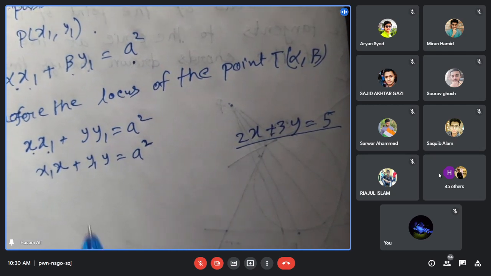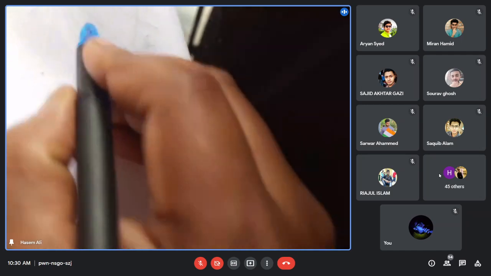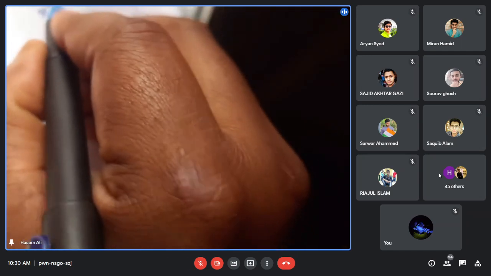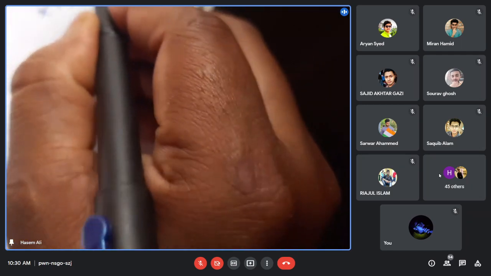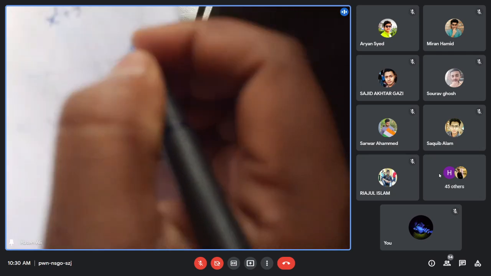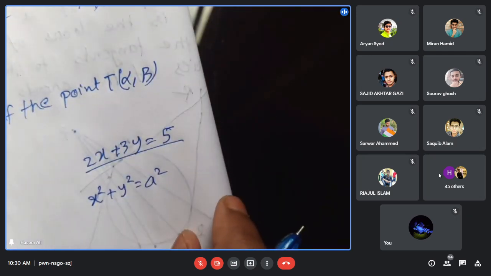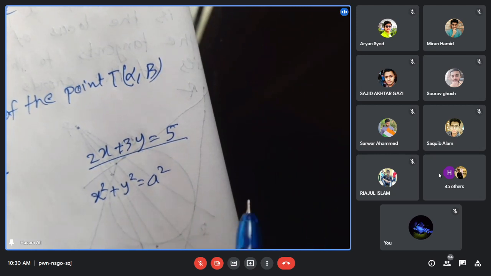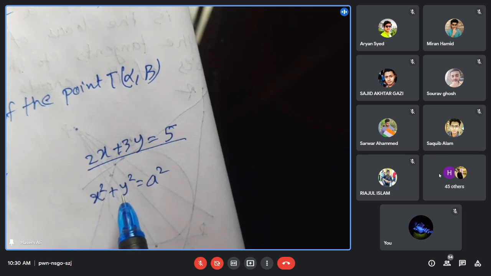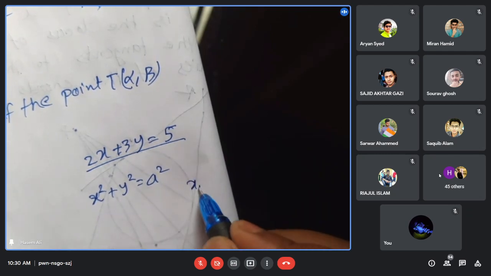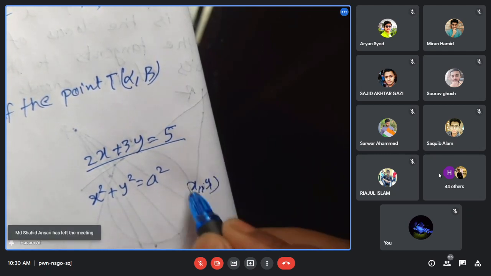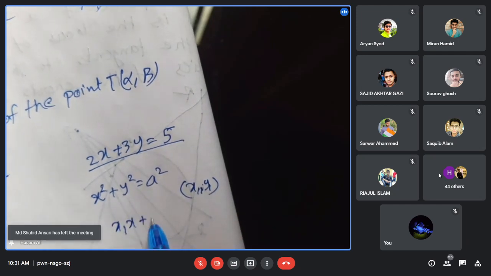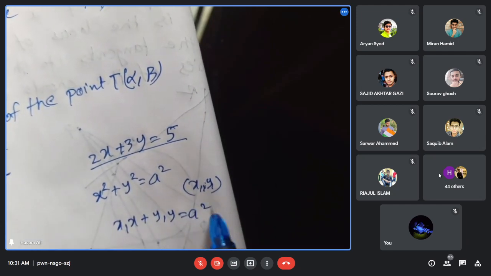And also see this, if we consider the circle x square plus y square equals a square, then what is the equation of the tangent at the point x1 y1? From our previous classes, the equation is x1 x plus y1 y equals a square.